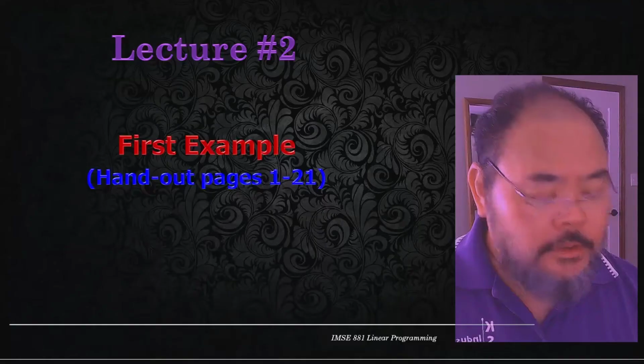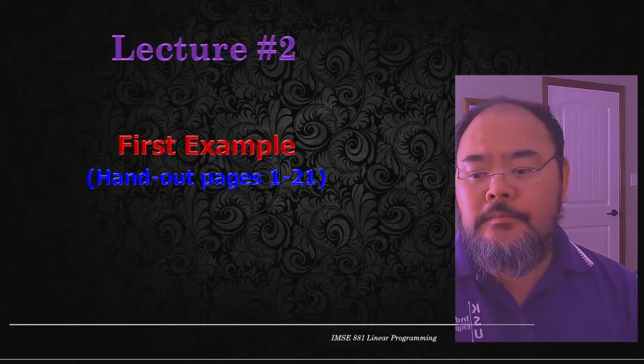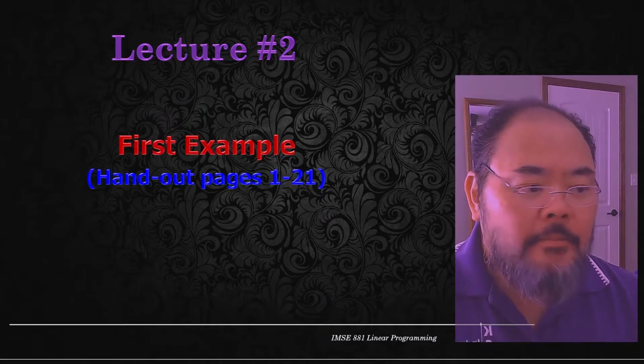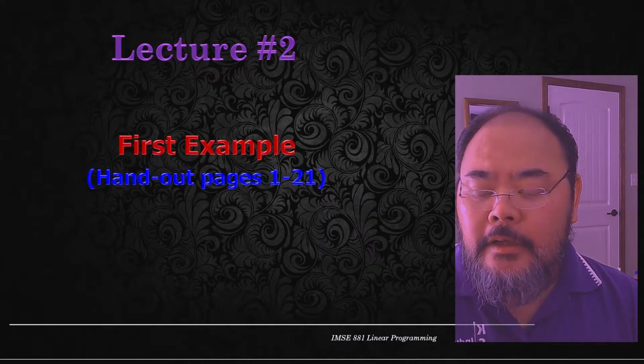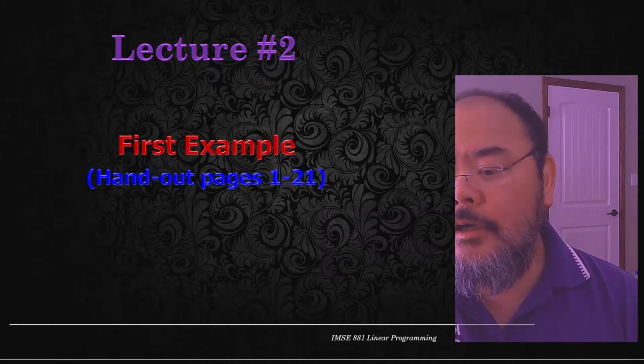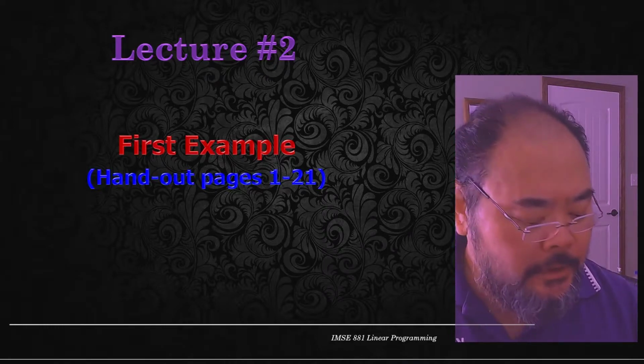Today we're going to start talking about some of the first examples for linear programming. This set of slides is from the handout pages 1 to 21.